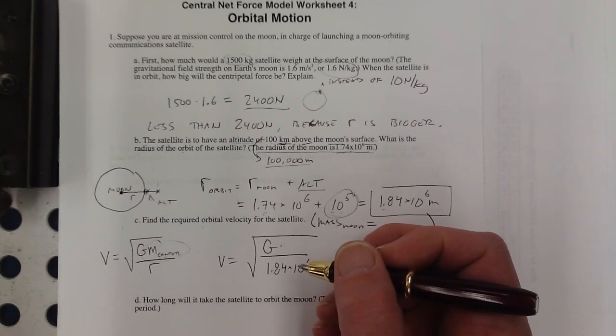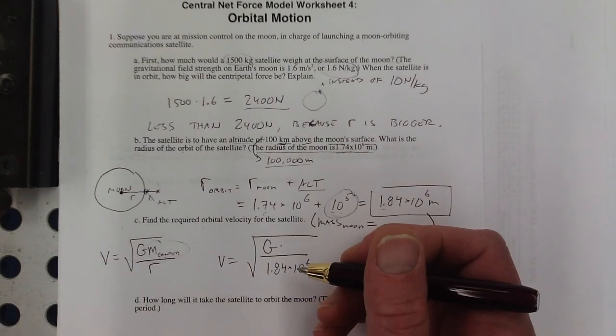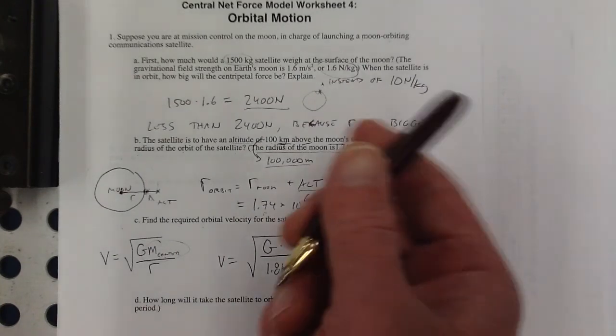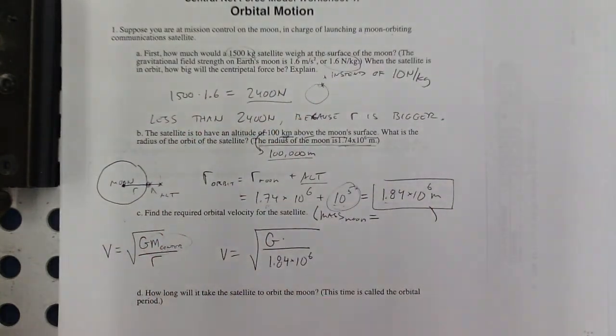Just tell me the mass already. It's coming. Here we go. Distance. Surface gravity is about 1/6 of Earth's, which we saw. You can see there.